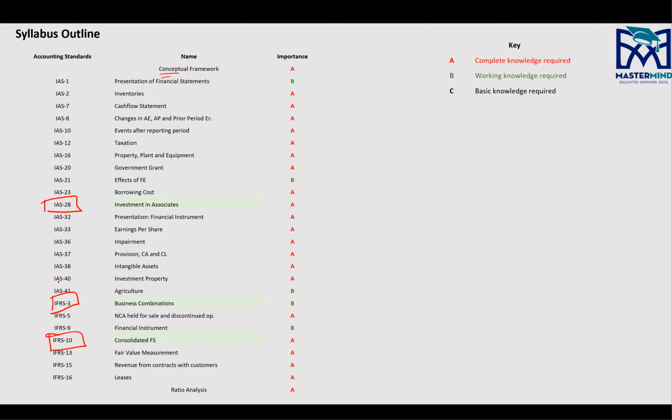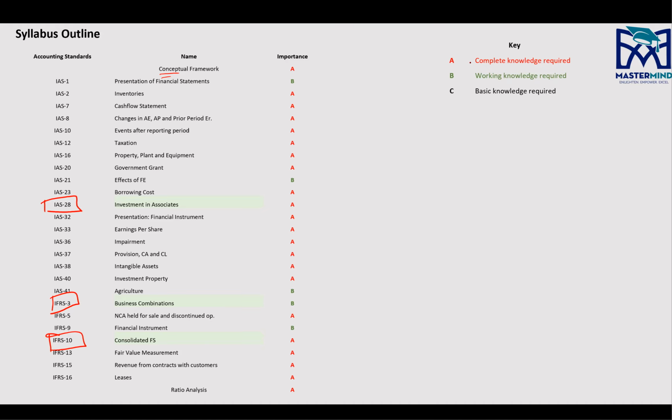I have, like I said, made a key for you guys. So A means you need to be at par with this knowledge, right? If you're not, forget 50. You can land anywhere below 50, but forget 50. And B is where you need the basic working knowledge.